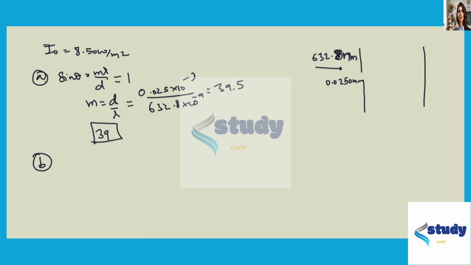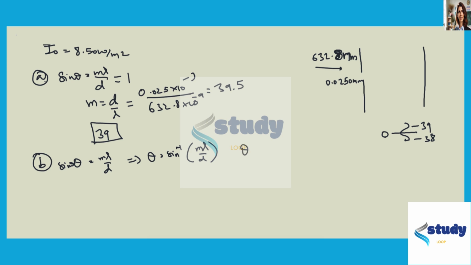Now for part B, we want to find out the last bright fringe. So for that, we want to find out the 39th and 38th minima, and then approximate that this midpoint corresponds to the last bright fringe. We know that sine theta is equal to m lambda by d, which means theta is equal to sine inverse of m lambda by d.